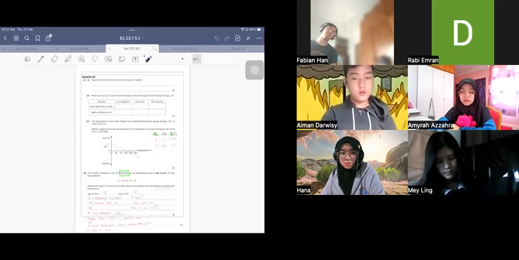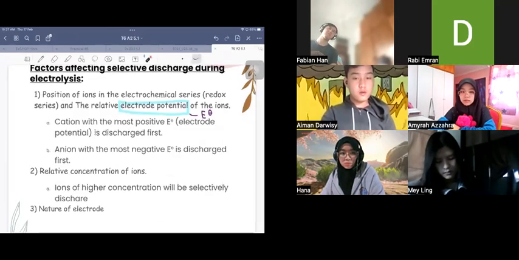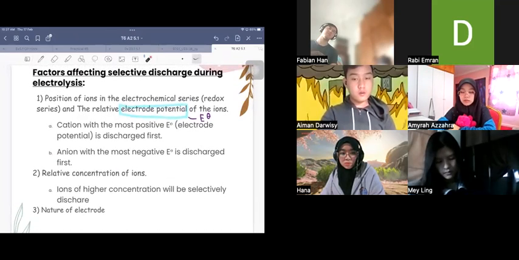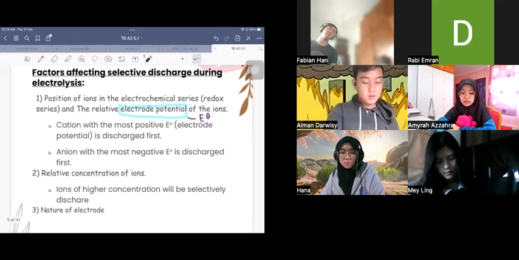So the cation with the most positive E note will be discharged first. And for anions, it is the one with the most negative E note that is discharged first. So it's just the opposite.